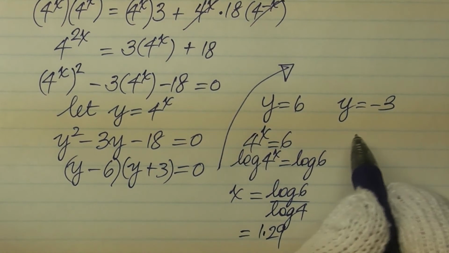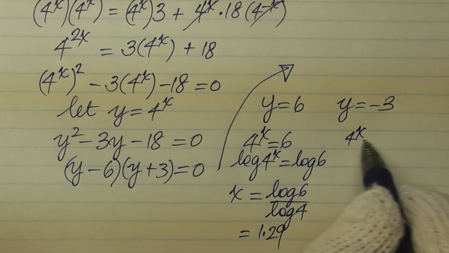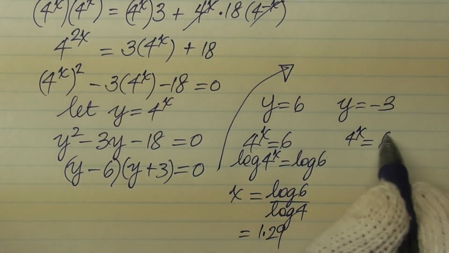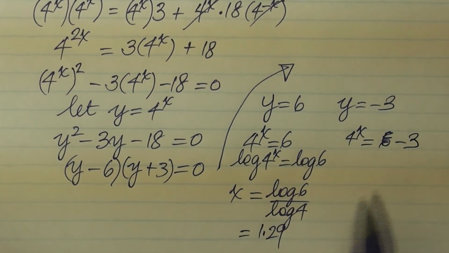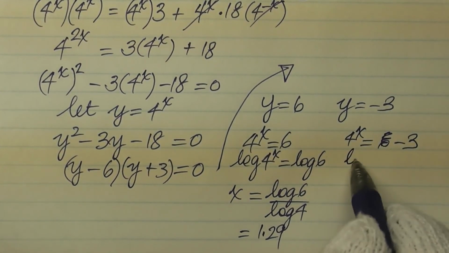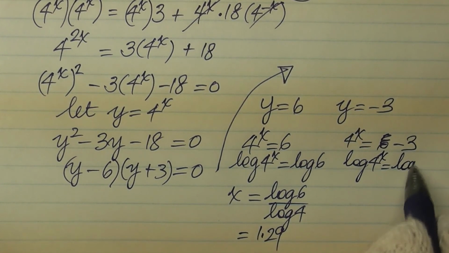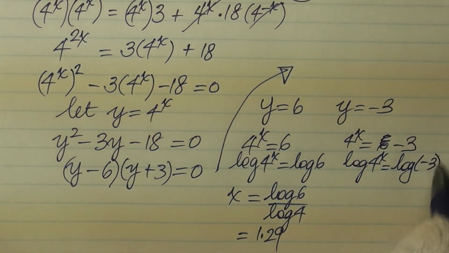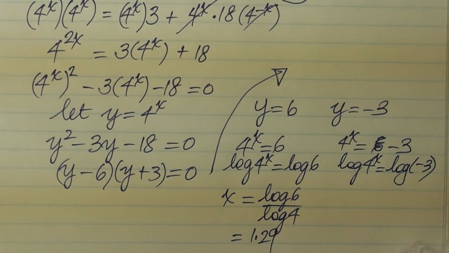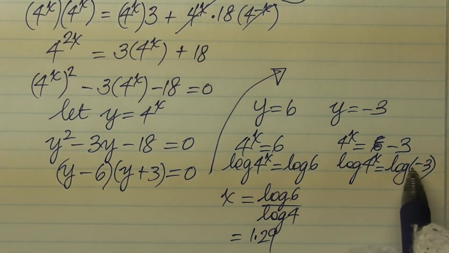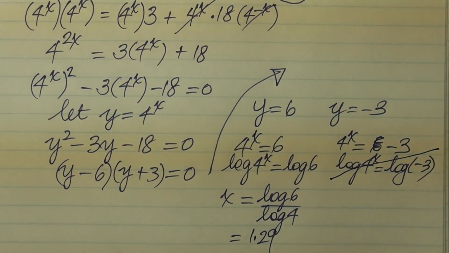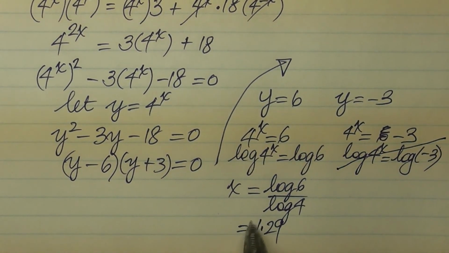We'll try this one. 4 to the x equals 6. Sorry, I'm a liar. Negative 3. Log of 4 to the x equals log of negative 3. Your spidey sense starts tingling because remember your log can't be negative. So there's no solution, and our only answer is 1.29.